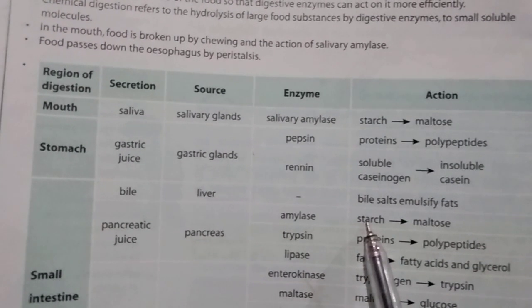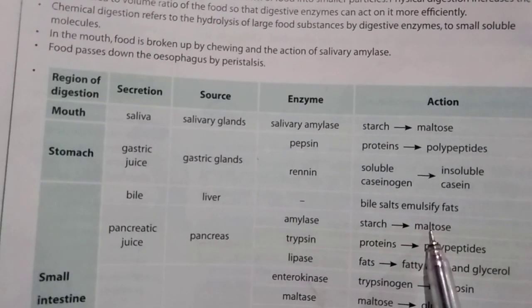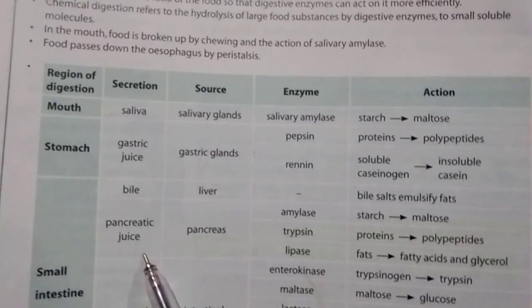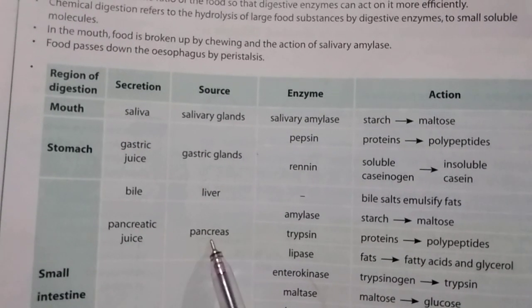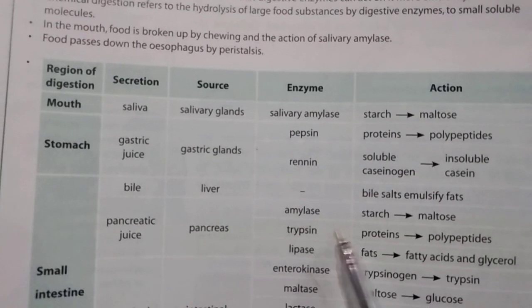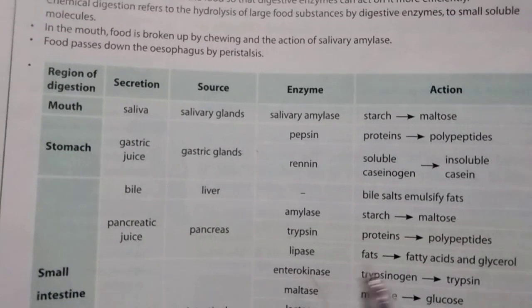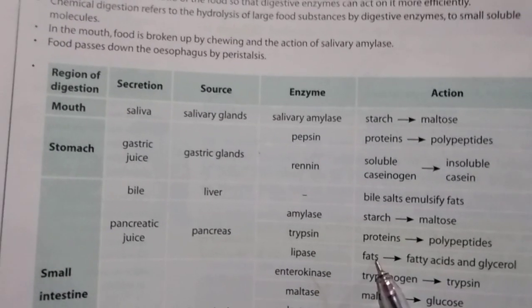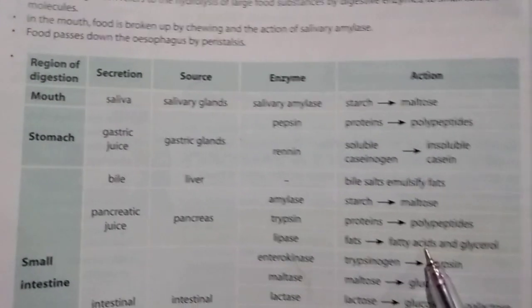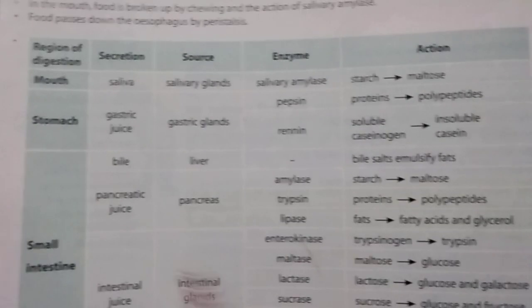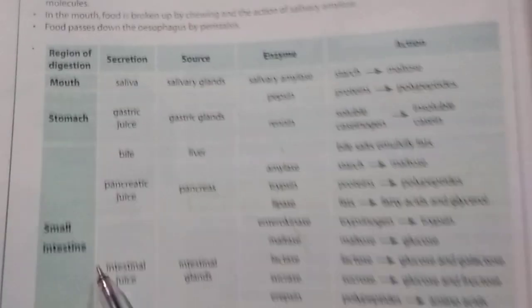Pancreas, pancreatic juice, amylase, starch into maltose; trypsin converts proteins into polypeptides; lipase, fats converted into fatty acid and glycerol.